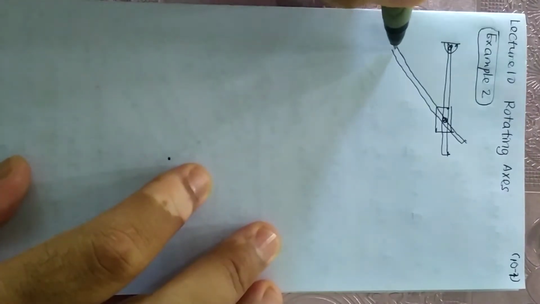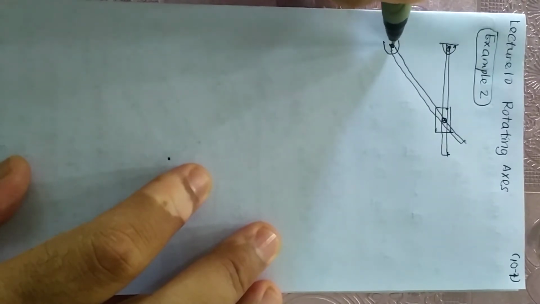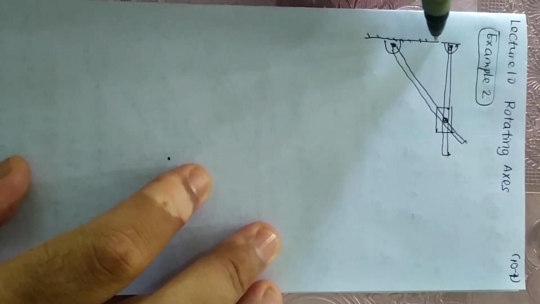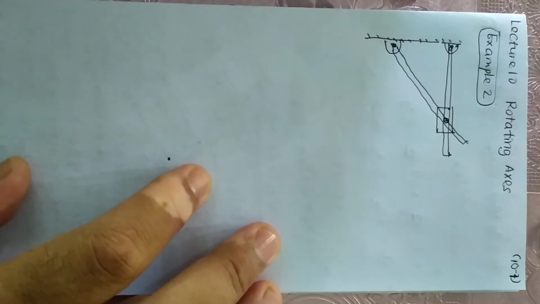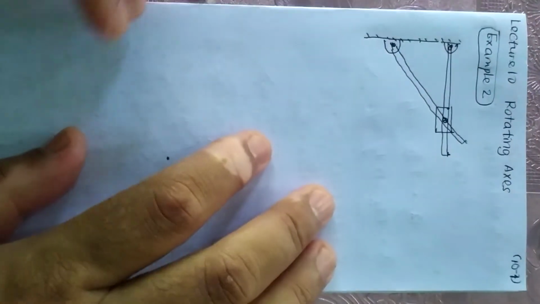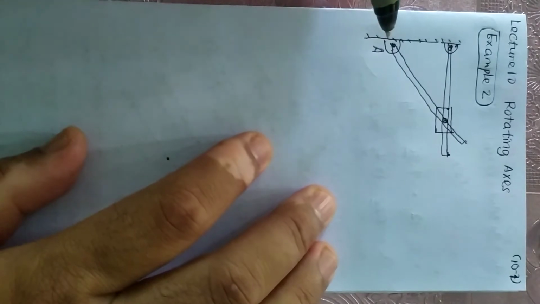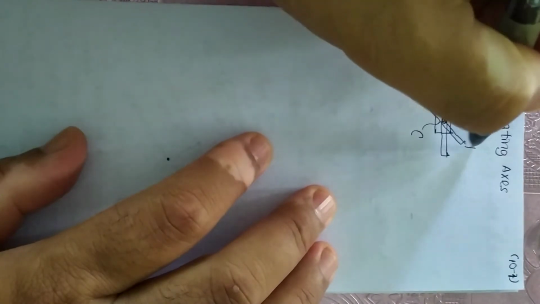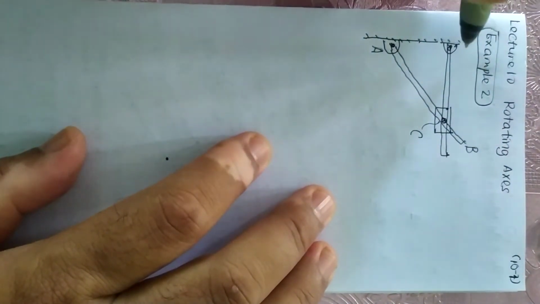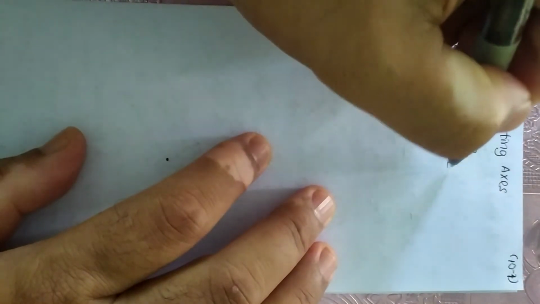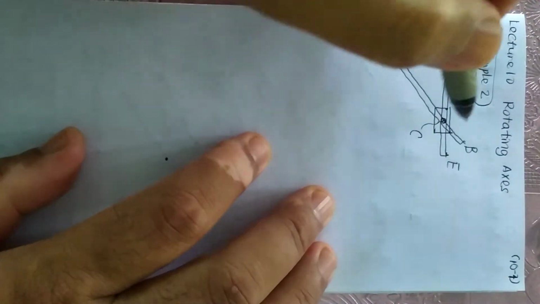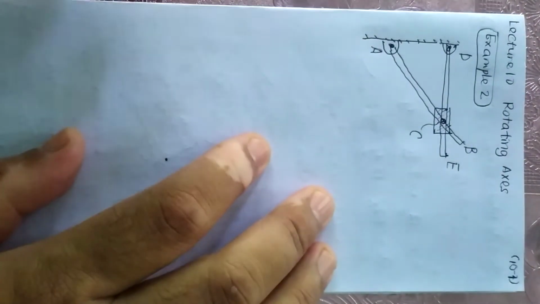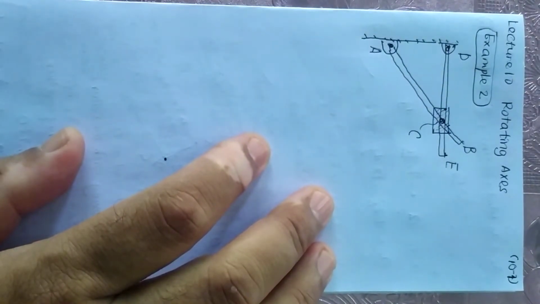This bar is also pivoted at one end, and they are all connected to a vertical wall. Let's call this point A, and point C is on the pin, and this is bar AB, and this is bar DE. This collar is allowed to move left to right.